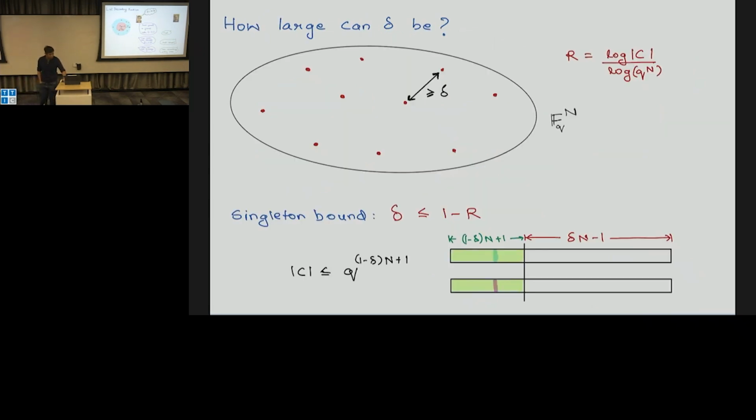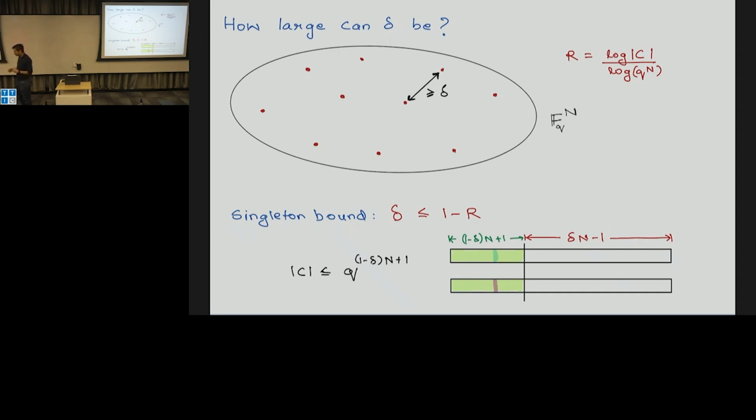But let me just formalize this question a little differently. I'll talk about distance in terms of how large the code is, or how big this collection of red dots is. And that's measured by something called the rate of the code, which is basically the amount of redundancy in the code. It's the log of the number of red points divided by the log of the size of the whole space.